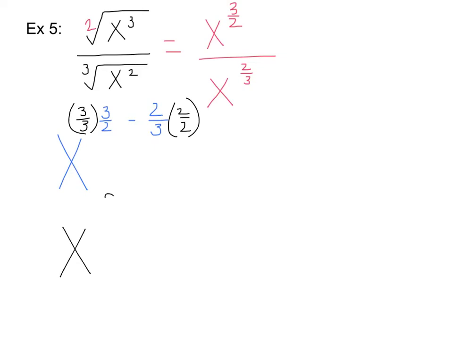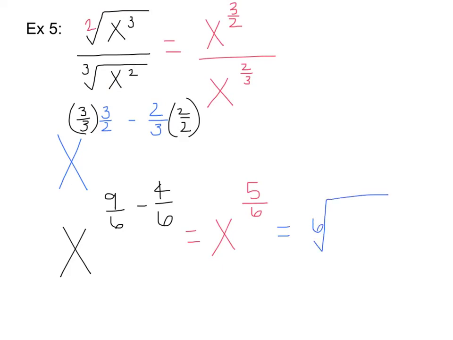So that gives me 9/6 minus 4/6. 9 minus 4 is going to give me 5/6, x to the 5/6 power. And then, since I gave you radicals in your problem, I want you to rewrite it as a radical, so it's the 6th root of x to the 5th power.